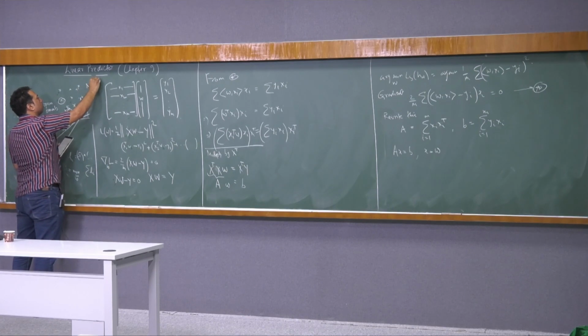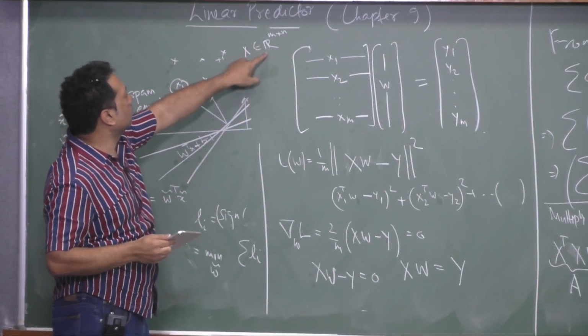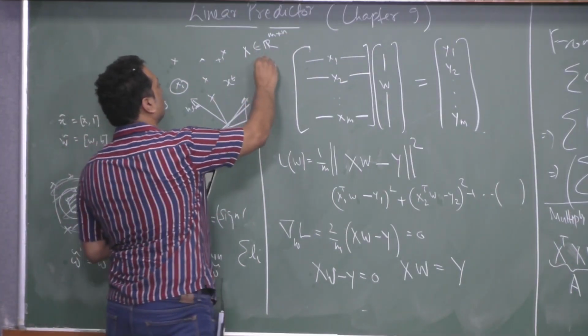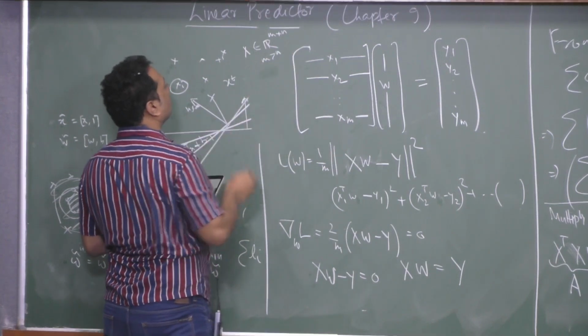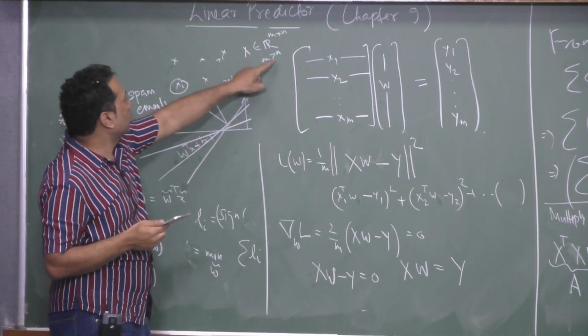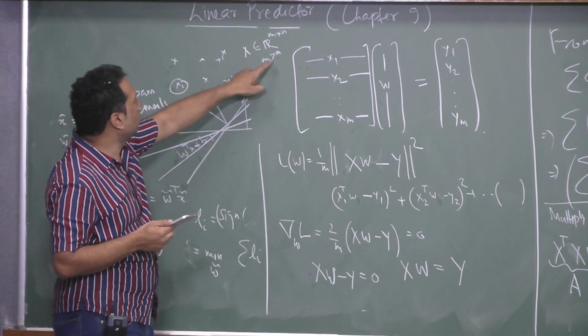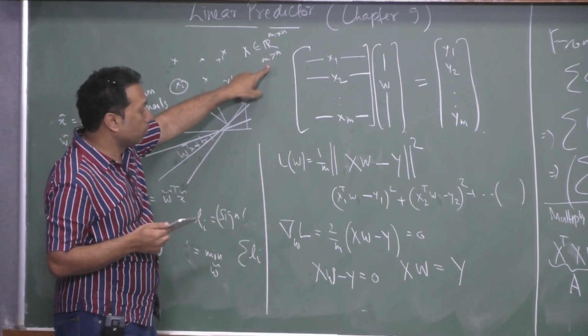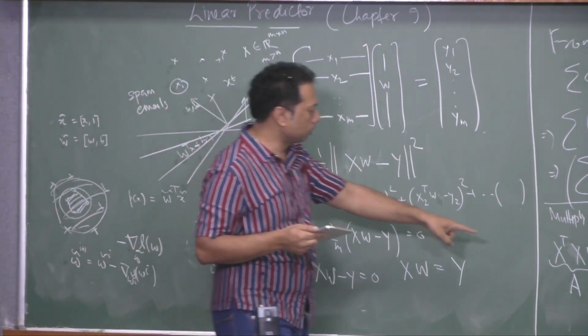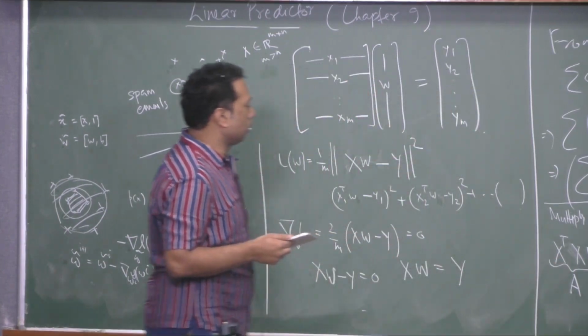Let us say this is an M by N matrix, where M is larger than N, and X is full rank, meaning X rank is N. Then X transpose X will be N by N. It will be full rank, meaning non-singular, and hence the inverse will exist.